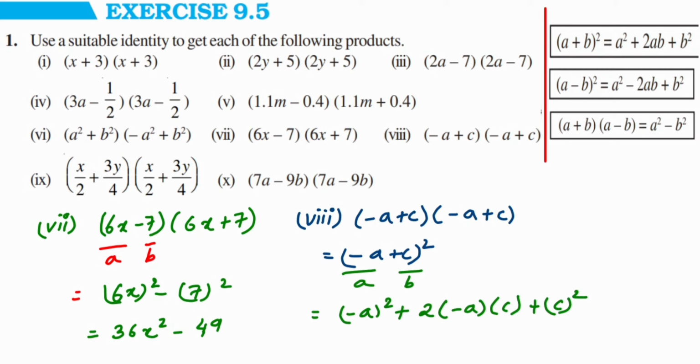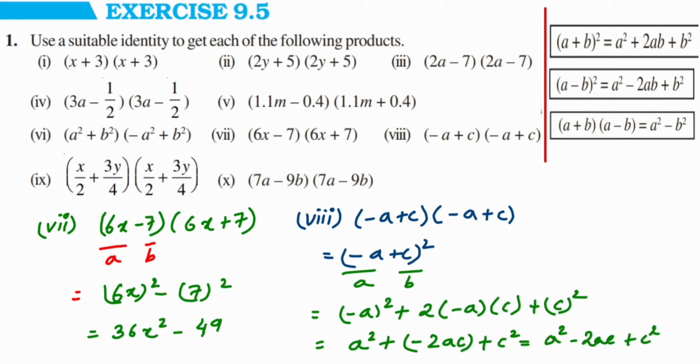Now we'll open the bracket. So minus a whole square will be a square, it becomes positive, minus into minus is positive, plus here we have a minus sign, so it's minus 2ac plus c square, or you can just rewrite this as a square minus 2ac plus c square.